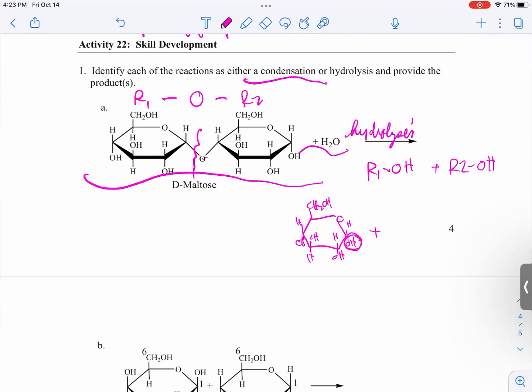Plus. All right. So this is here. Okay. Now do the same thing, only you're going to have this hydroxyl that's going to be facing down.